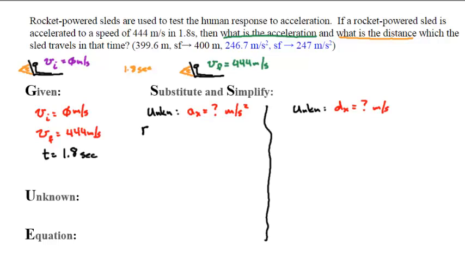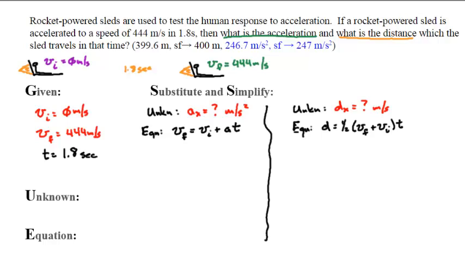The equation that I'm going to use in order to solve for acceleration is velocity final equals velocity initial plus acceleration times time. But the equation for distance is distance equals 1/2 times velocity final plus velocity initial, times time.